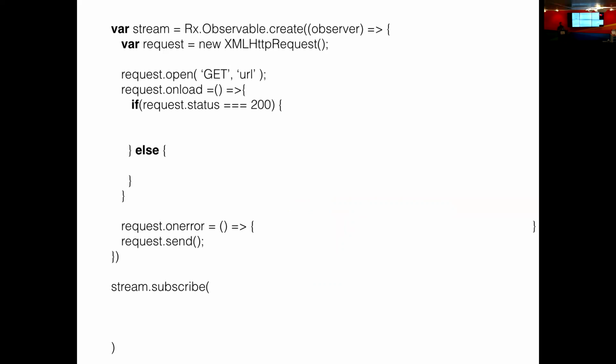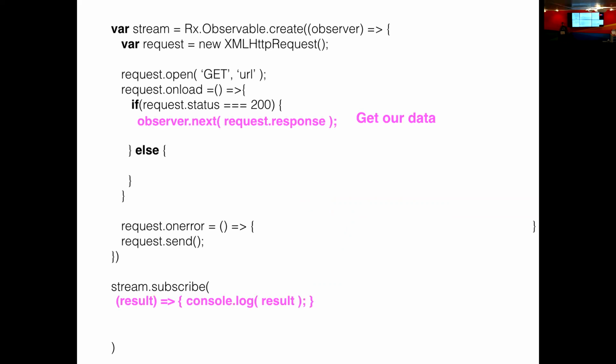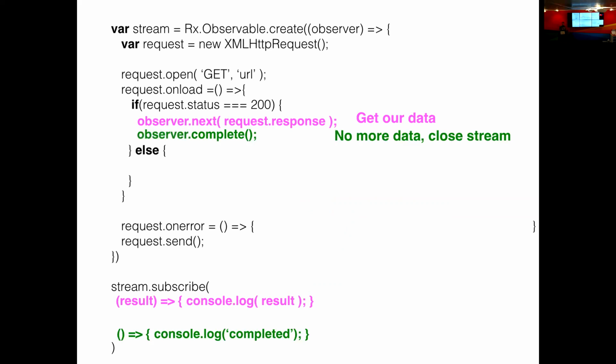This means that if we have a vanilla Ajax call, in this case, when we get the data back, this is when we call next. All right? So we call observer next because we have gotten all the data. And we call complete because we know in Ajax land, we're only going to get one answer. So we know that we're done with the stream at this point.